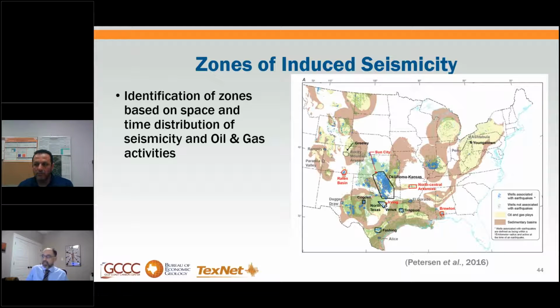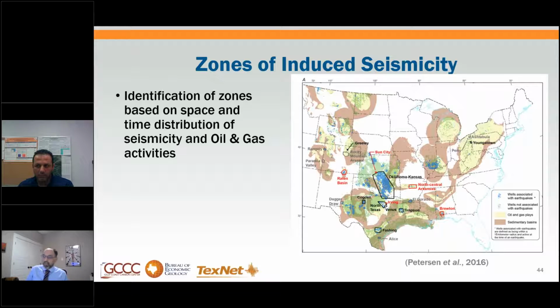On the Texas side, in South Texas, we have Fashing, which has been an induced seismicity hydraulic stimulation project, and the DFW area, the Dallas-Fort Worth area, where we have salt water disposal being the causal factor of seismicity, activating faults that are close to the basement.